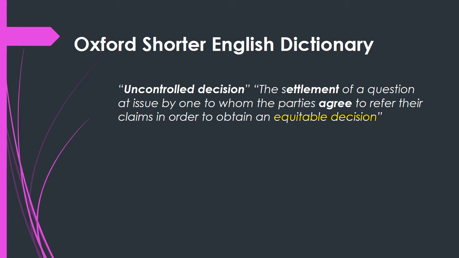We will talk about it again when we look at the features of arbitration. And even in this Oxford Shorter English Dictionary, they say parties agree. So to what extent can we then say that the decision of an arbitrator is an uncontrolled decision? That kind of brings in some uncertainty and makes the English dictionary definition a bit doubtful.